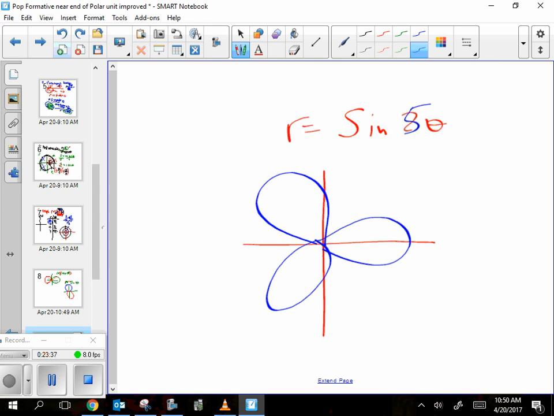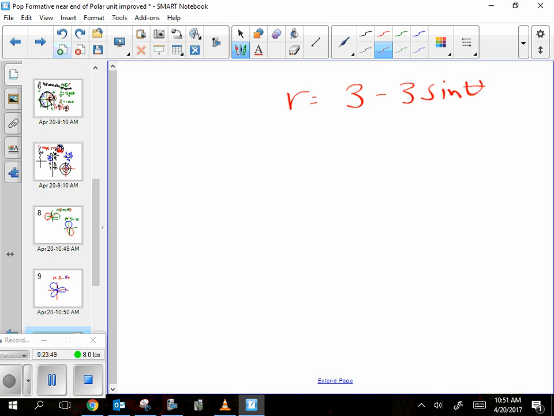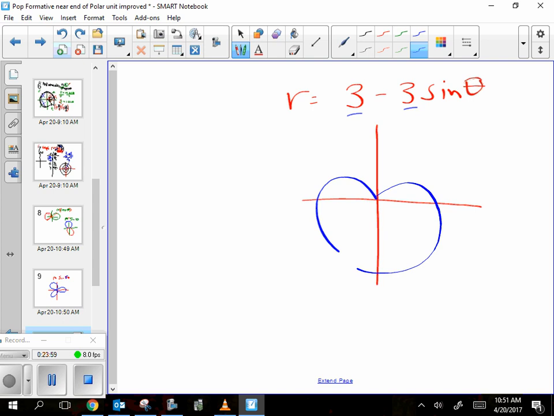Don't have too much time for that kind of stuff today, but just wanted to show you a few of the fun ones. The most fun one is the cardioid. That one, as long as these two numbers are the same, doesn't have to be 3s, could be 2s, could be 5s, then it makes that kind of a shape.